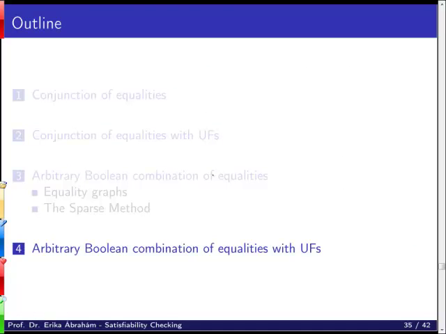Then we said also we have uninterpreted functions. And now we will add uninterpreted functions in the arbitrary Boolean combination, and we will lead it back to equality logic. And then this equality logic formula we can again transform back. This we transform to equality logic, and this we transformed already to propositional logic.